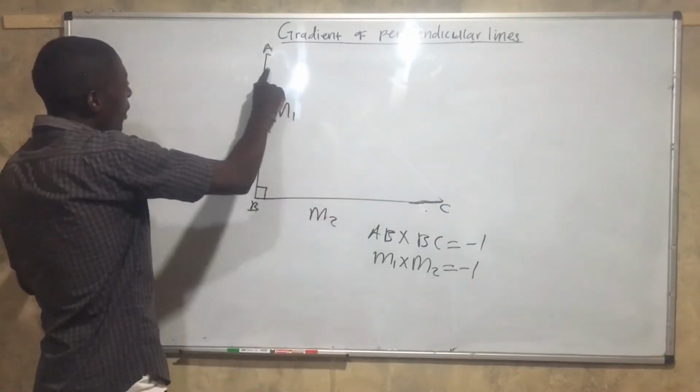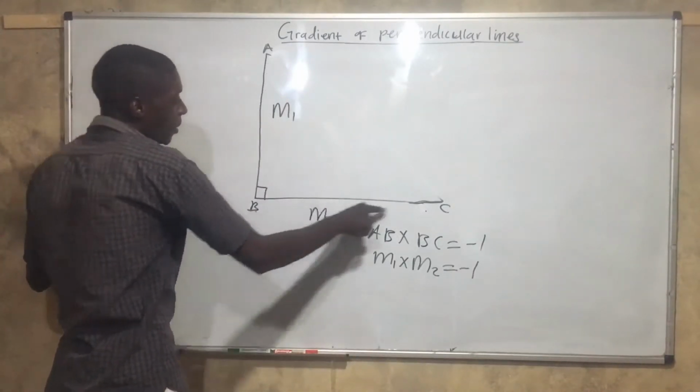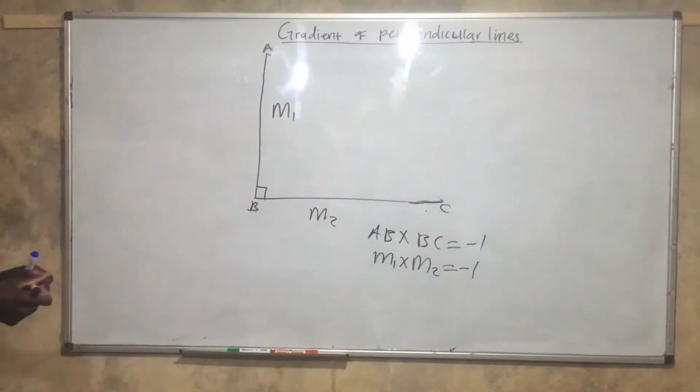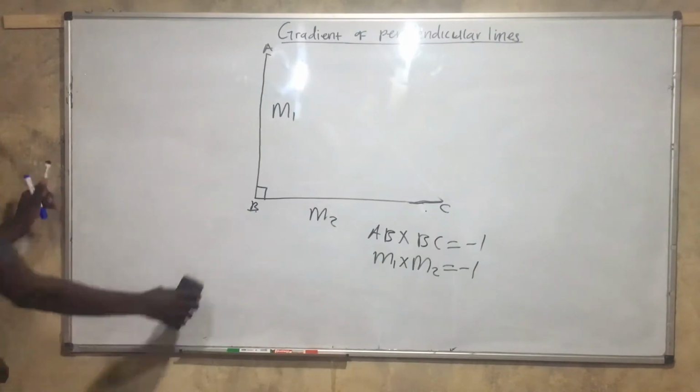That is the relationship between the gradients of perpendicular lines. So we are going to look at an example.